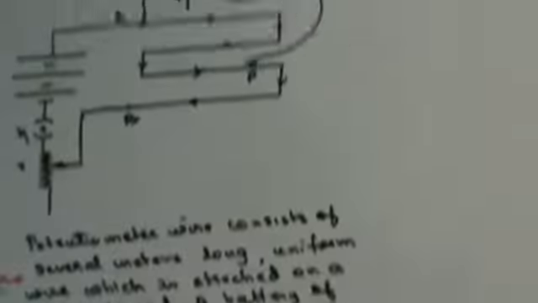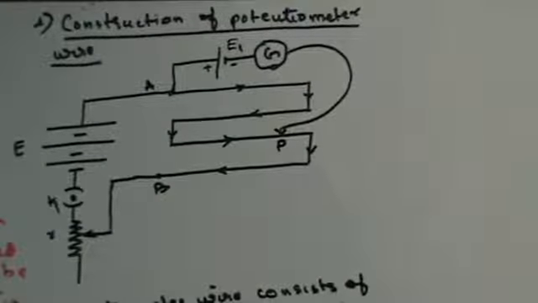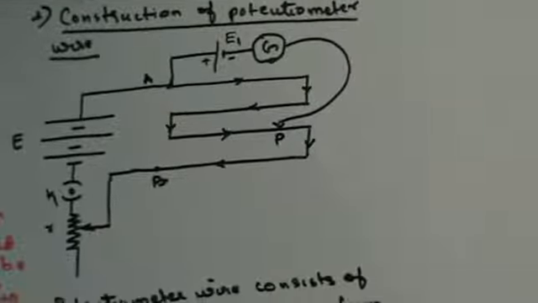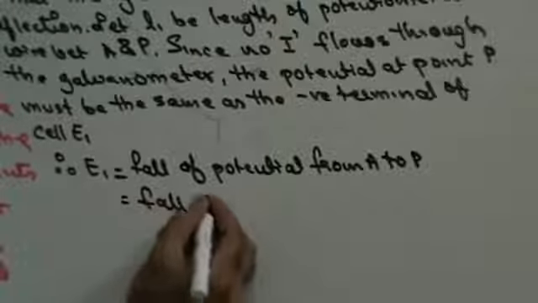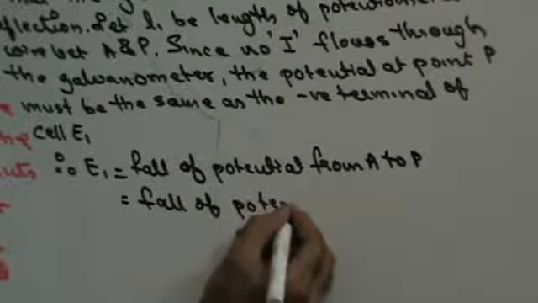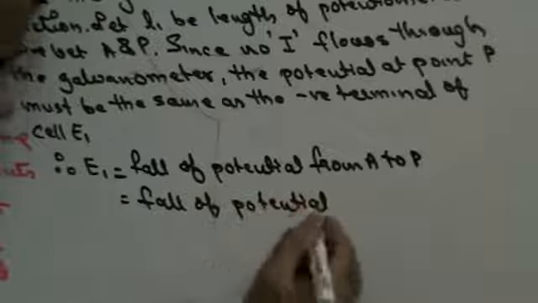Guys, point P is at the same potential as the negative terminal of E1. That means the entire potential must have been used across the length AP. Right? So therefore, I can say that E1 is nothing but the fall of potential from A to P, that is, the fall of potential along L1.